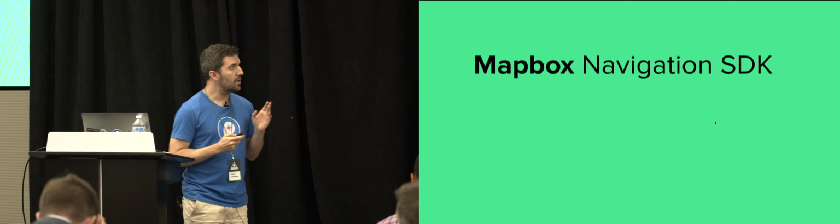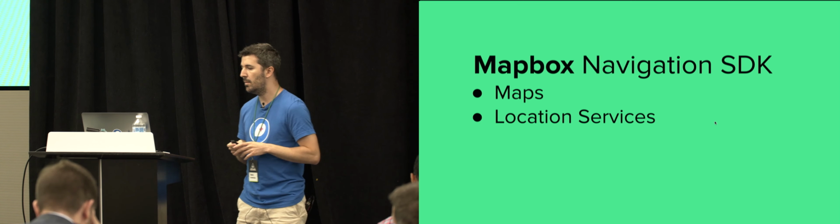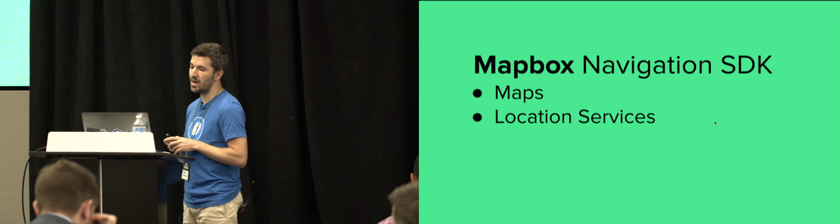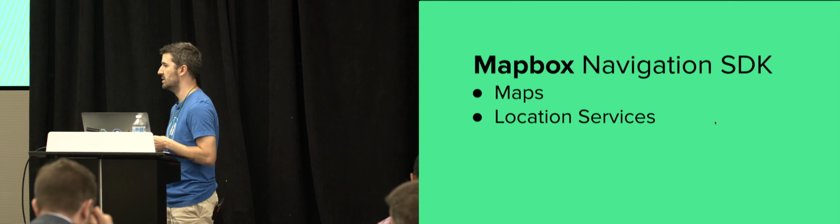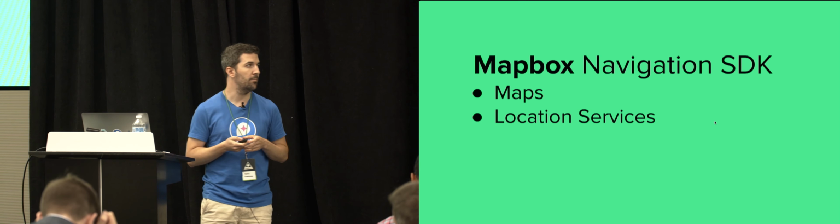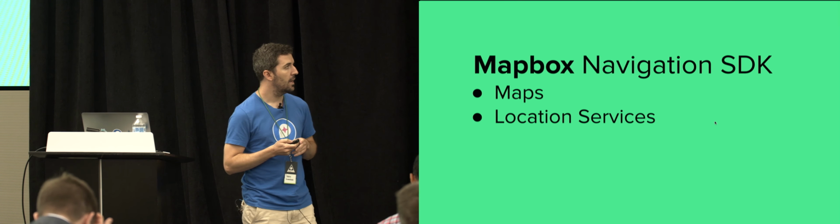So I want to give a quick overview of the pieces that form the navigation SDK. The first two are maps and location services, which you are probably already familiar with.